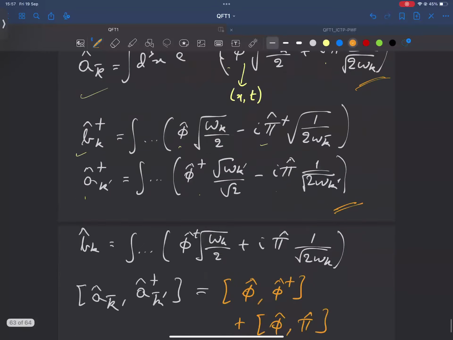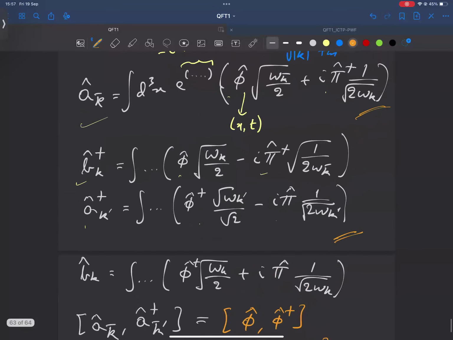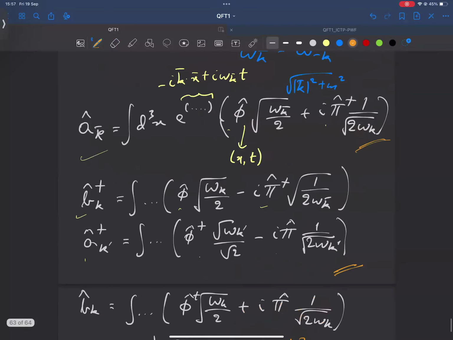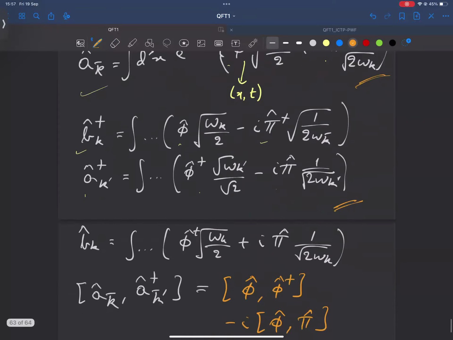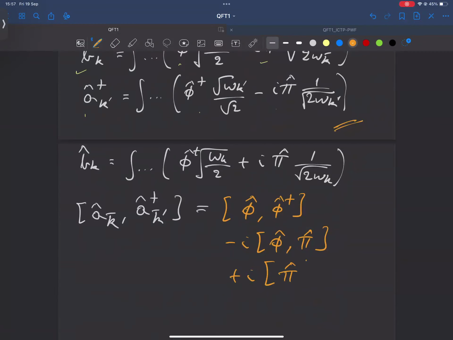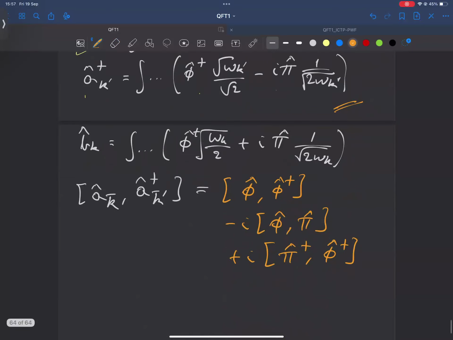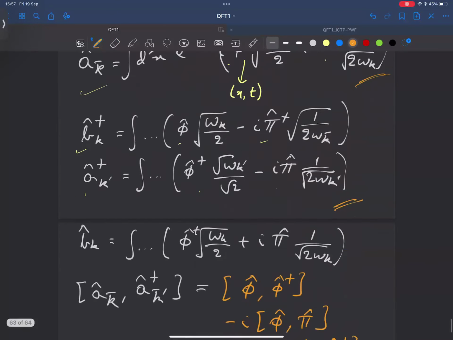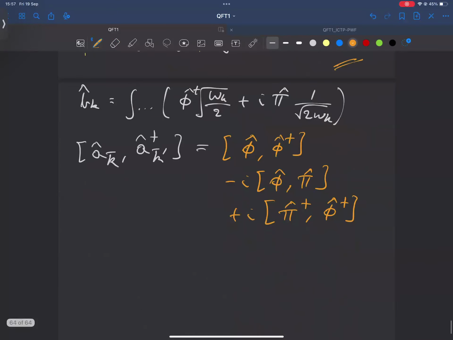Then with a minus sign, minus i, it will give you plus i, pi dagger and phi dagger. And remember to respect the ordering because these are operators like matrices, so they don't commute. And the last thing is plus pi dagger and pi.